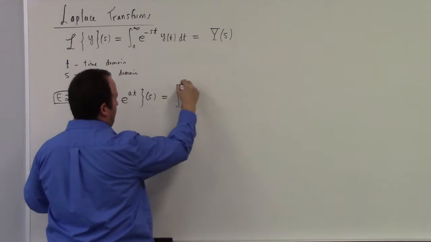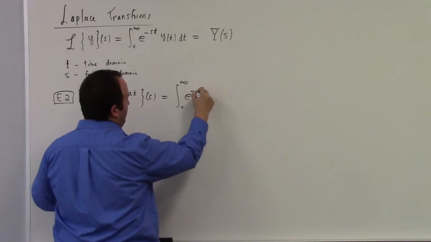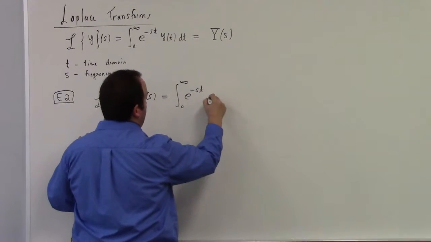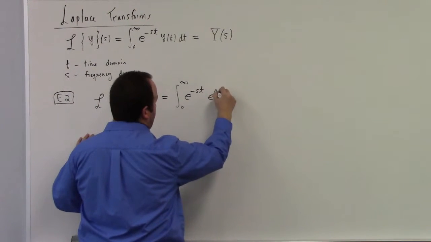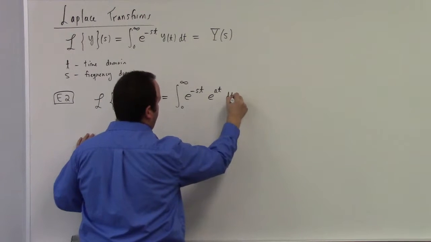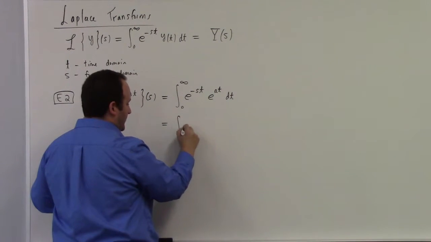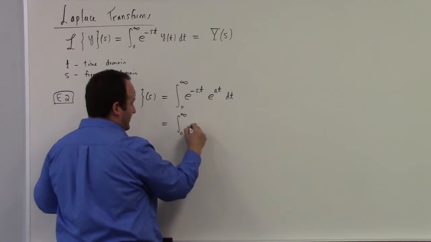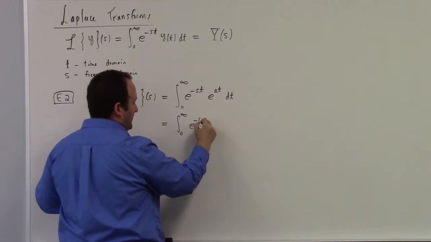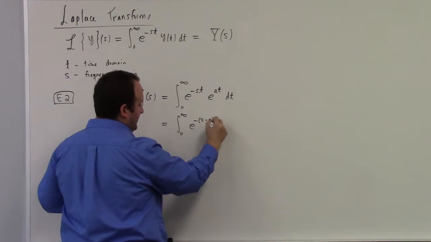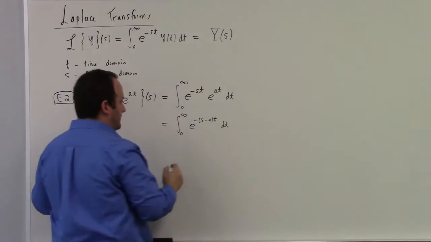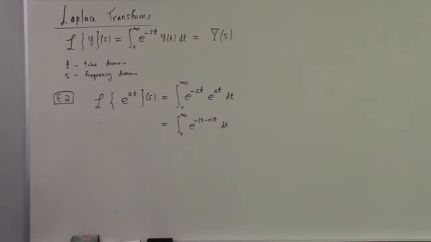We have the integral from 0 to infinity, e to the minus st, e to the at dt. Well, that's the integral from 0 to infinity. Properties of exponential, that's e to the minus parentheses s minus a times t dt. So I used the laws of exponentials and factored out a minus.